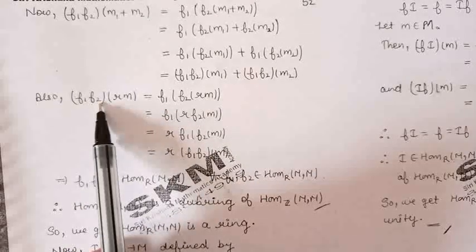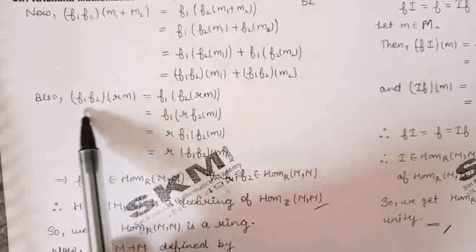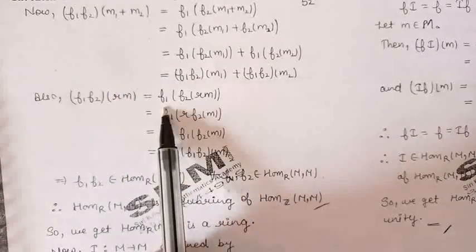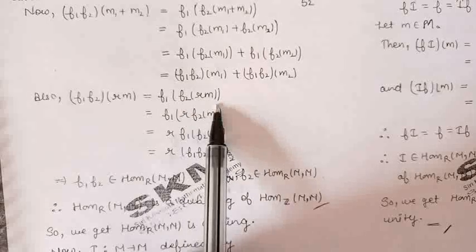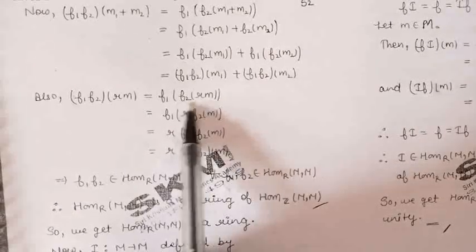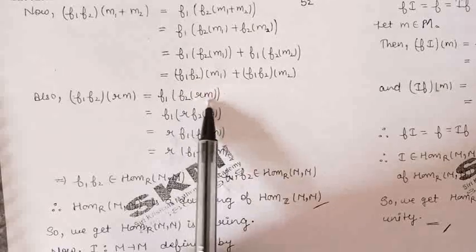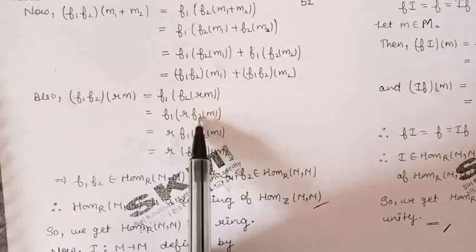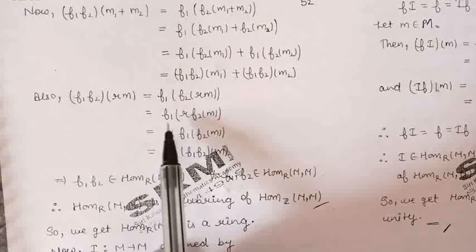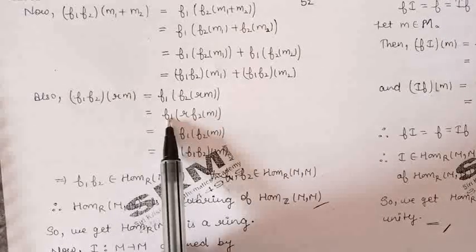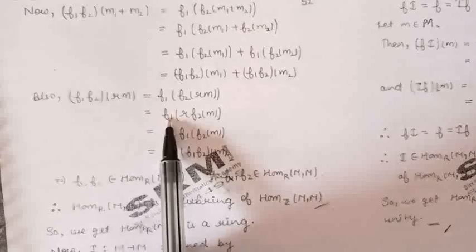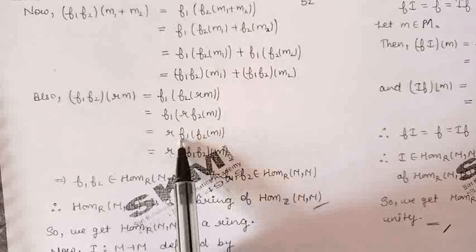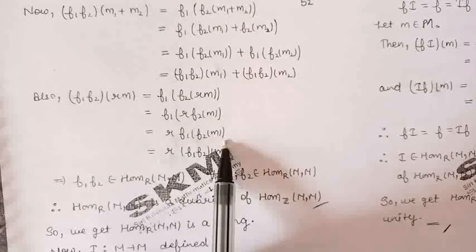F1 into F2. Now by definition of this mapping, this can be written as F1 of F2 of rm. F2 is a homomorphism of R modules, so the image of rm under F2 will be r times F2 of m. Now again, F1 is also an endomorphism of left R modules, so we can write it as r times F1 of F2 of m.